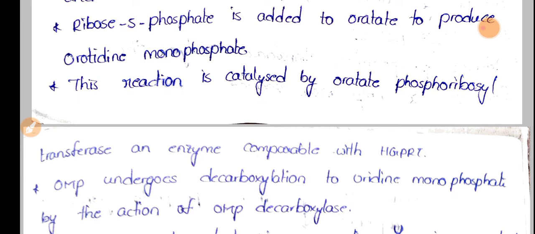This phosphoribosyl transferase will convert orotate into orotidine monophosphate.